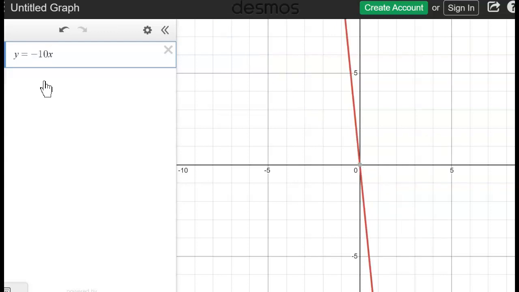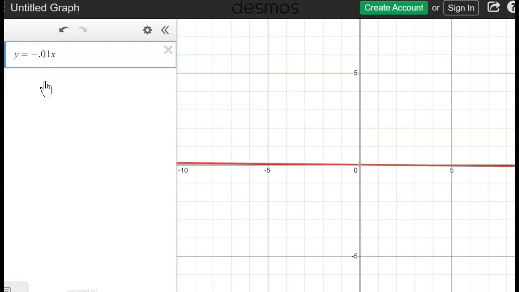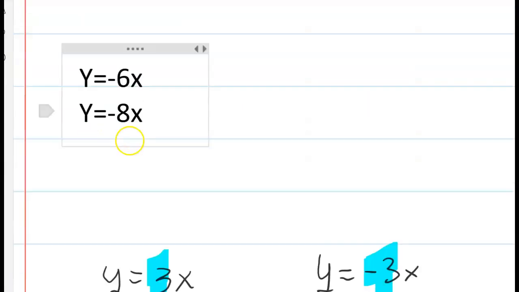So it still gets closer and closer to being a vertical line. But if I go -100, same thing. But if I go in between, so -0.01, okay? So what happens as that number changes?